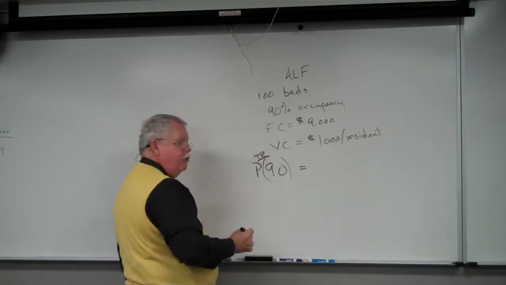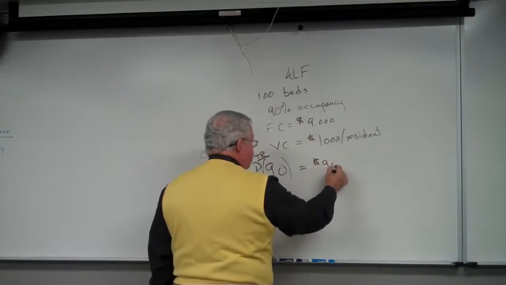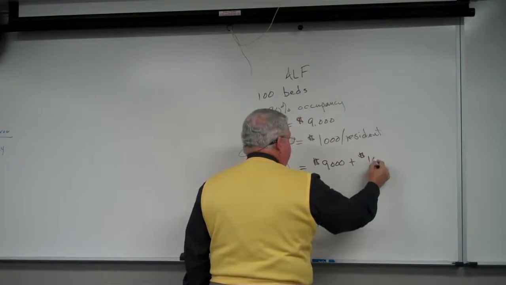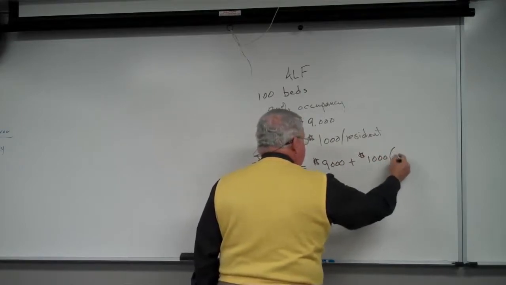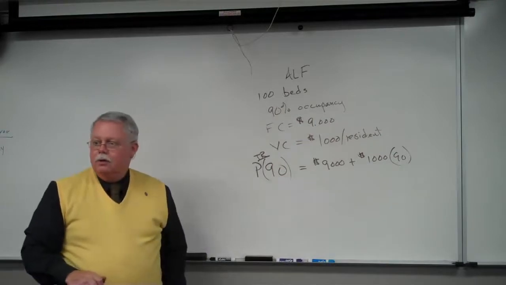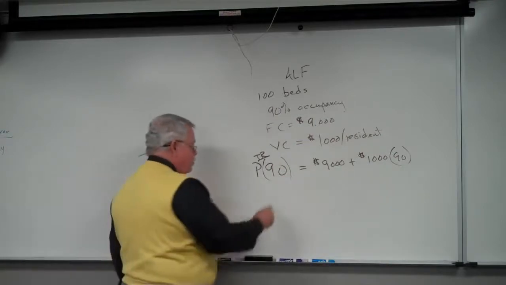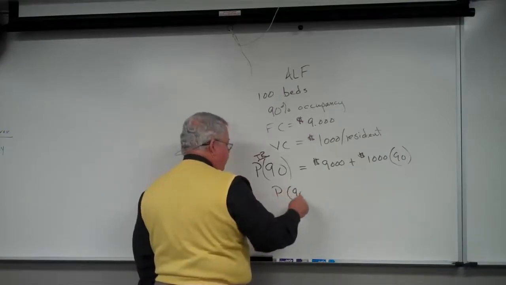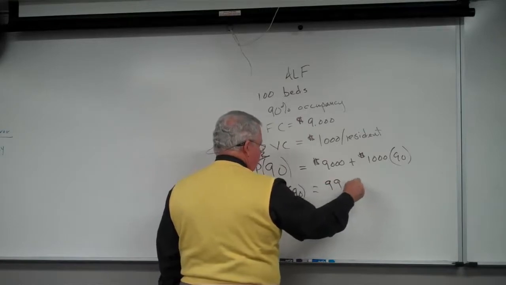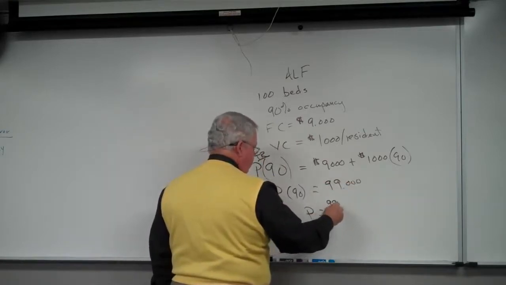What are the costs? $9,000 fixed plus $1,000 each for 90 residents. So I got price times 90 is equal to what? 99,000? So price is? $1,100 a month.